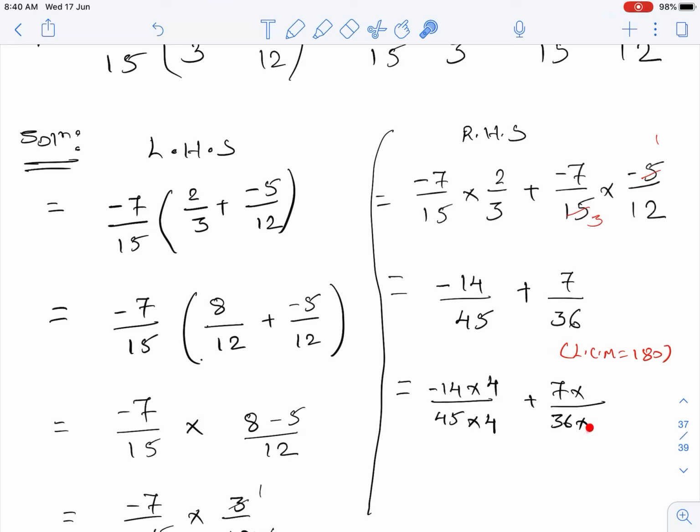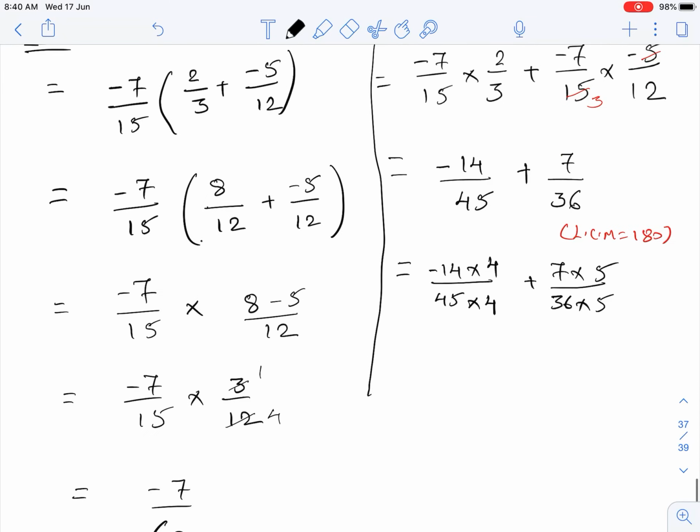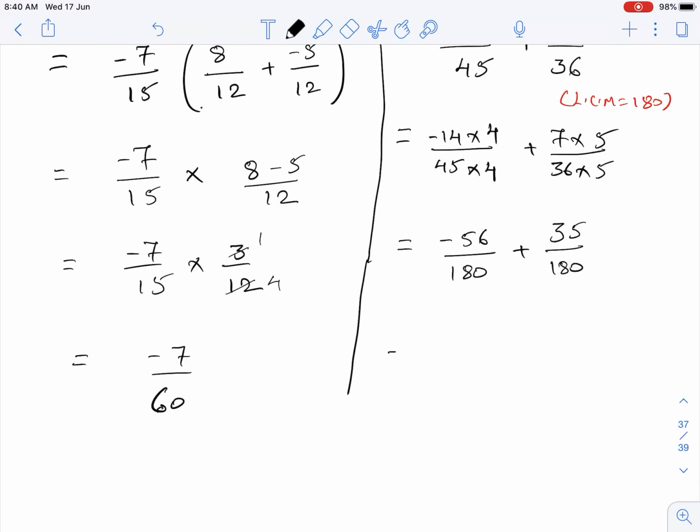And to make this 36 as 180, we have to multiply it by 5, so the numerator will also be multiplied by 5. So next step you will get it as, minus into plus is minus, and 14 fours are 56, so it will be minus 56 upon 180 plus 35 upon 180. Now both of them have the same denominator, that is 180 over here and 180, so we can directly add or subtract the numerators.